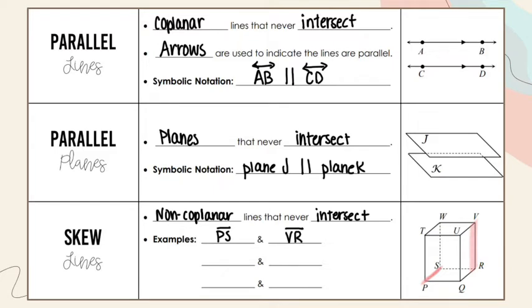Another example could be TW and UQ. And a third example could be PT, QR. All three pairs of these lines will never intersect, but they're not parallel. They are just on different planes.